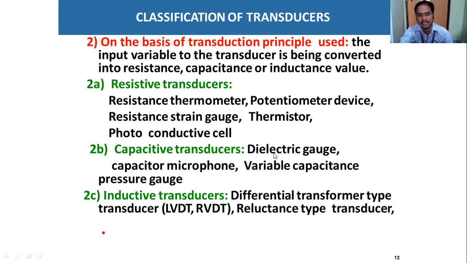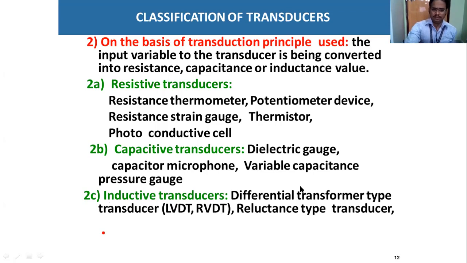Capacitive transducer means dielectric gauge. There you will have some capacitors. The input value is converted into stored charge. For the storage of the charges, we use capacitors. For capacitors, microphone, variable capacitance, pressure gauge, we will have different examples which we will see as we go through the particular topic. Now, inductive transducers like LVDT or RVDT, reluctance type transducers, differential transformer type transducers.